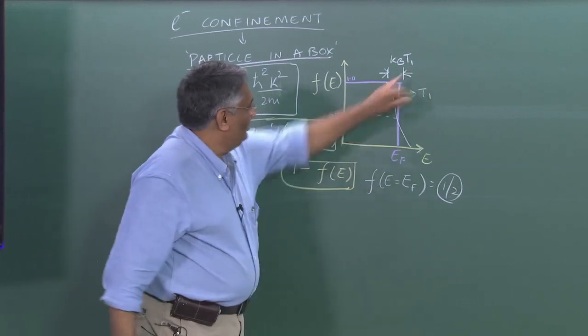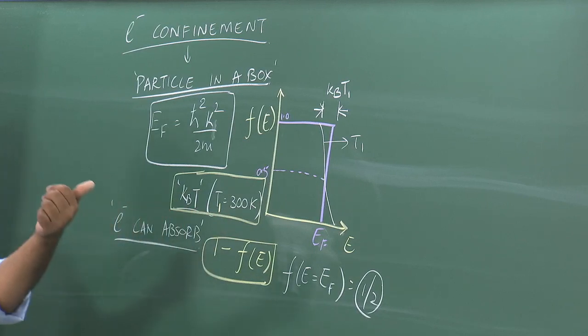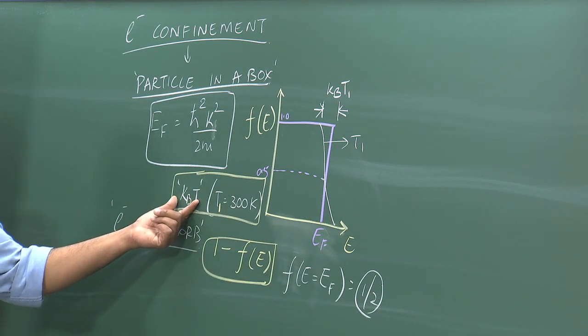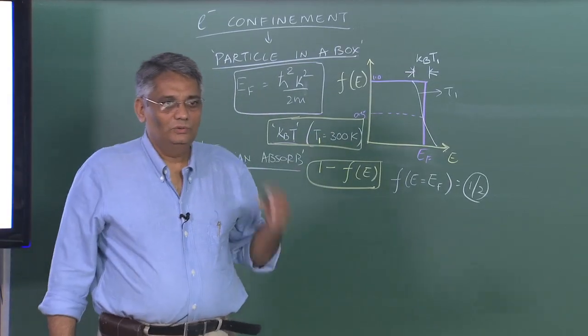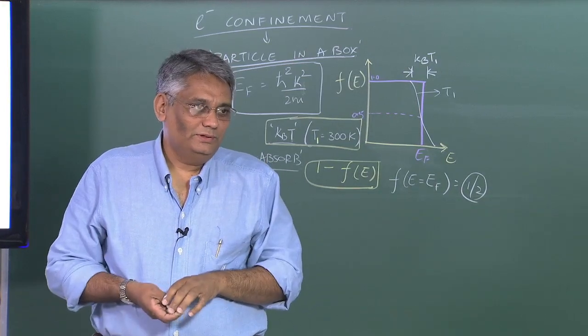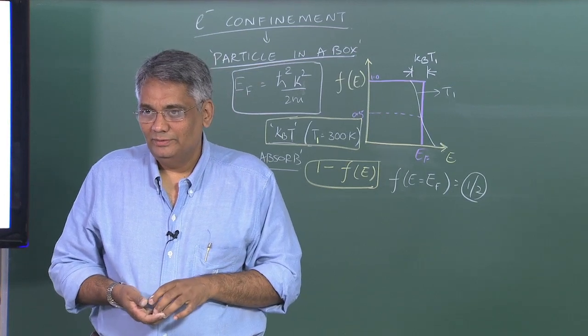So, if T1 is 300 Kelvin, and you calculate the kBT at that temperature, it is 26 millielectron volts. So, only 26 millielectron volts can be absorbed by the electrons, and these electrons of course are close to the Fermi level.